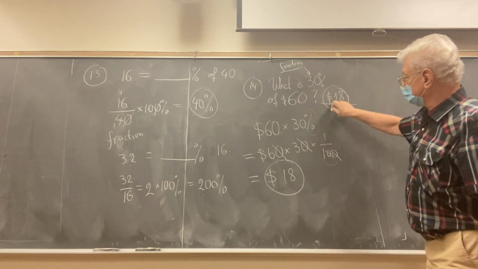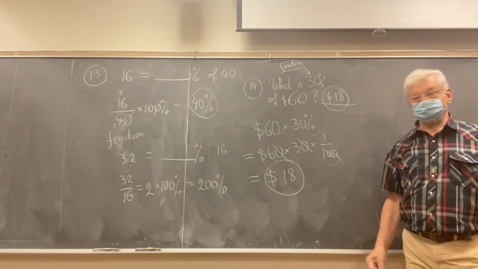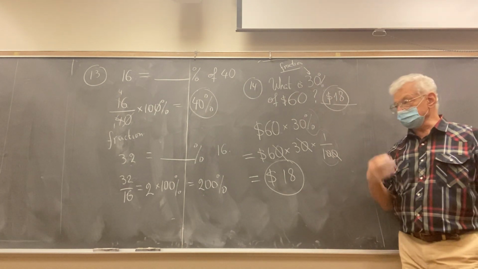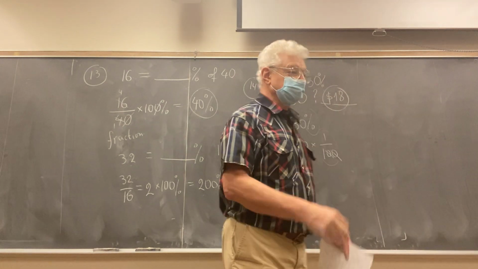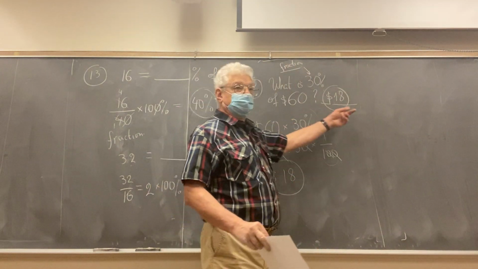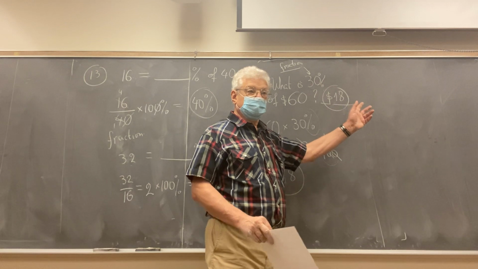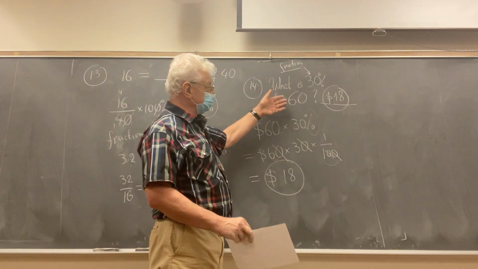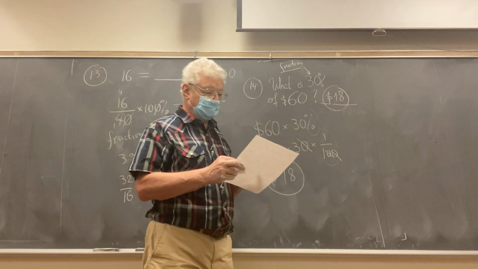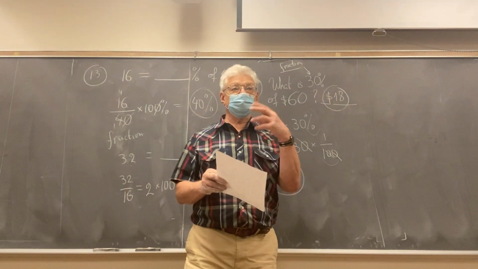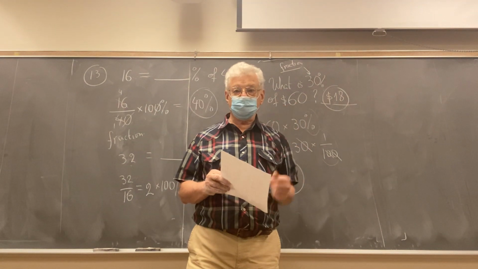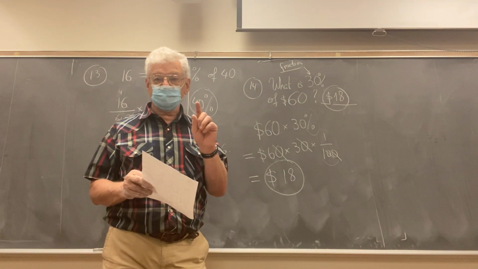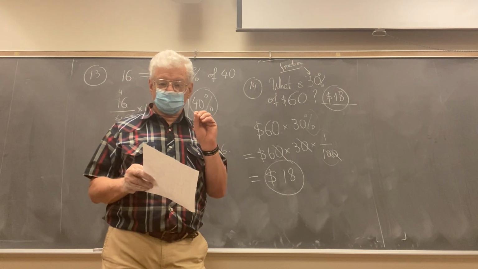By the way, don't forget to write the name of the quantity, dollars or miles and so on, because some students wrote the answer as 18%, not dollars. You take a percent of the amount, so if it's dollars, the answer must be in dollars. But if you convert a number into a percentage, then you multiply by 100% and the answer will be in percent. You have to be careful.